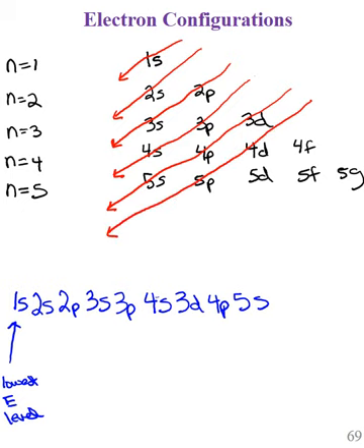So it goes through the 4d, the 5p. But if I draw in another line for n equals 6, then it would actually go through the 6s. So technically, the higher energy level above the 5p will be the 6s.